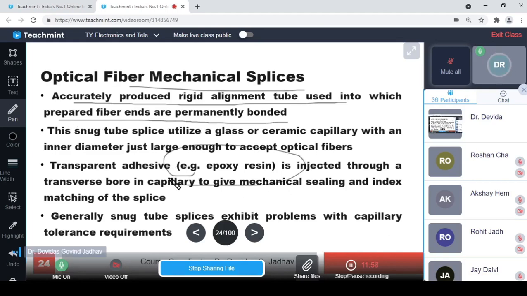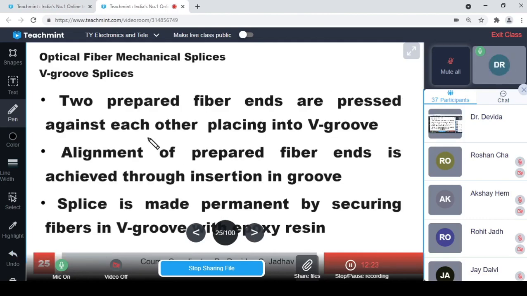This epoxy resin is also useful in index matching, so that in the mechanical splice whatever gap is there between the fiber faces can be removed. For that, a snug tube or glass ceramic capillary is used, and these snug tubes hold the fibers very permanently, because the splices are permanent.